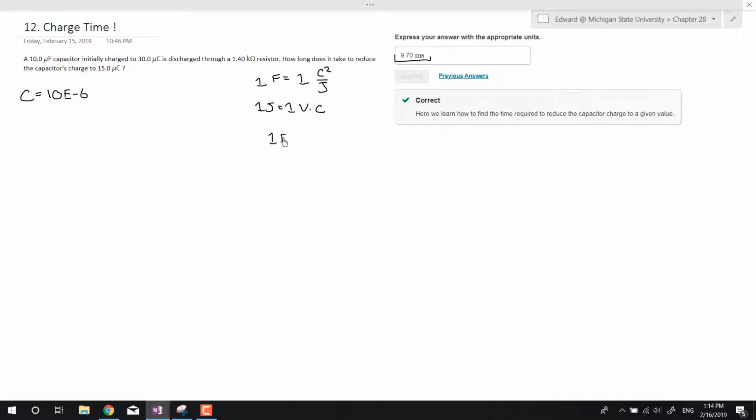So 1 farad is equal to 1 coulomb squared over volt times coulomb, and the coulomb squared cancels, so 1 coulomb per volt is equal to 1 farad. That's the units I'm going to use so we can cancel everything out to get something in terms of time. So it's just going to be 10 to the minus 6 coulomb per volt.